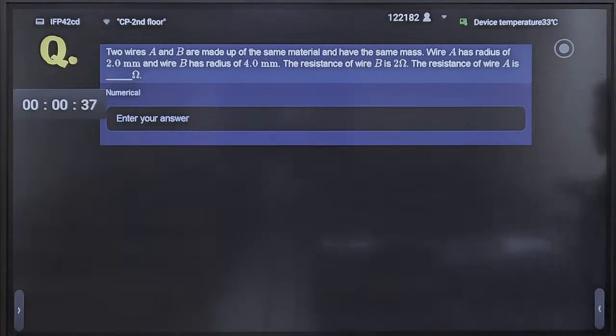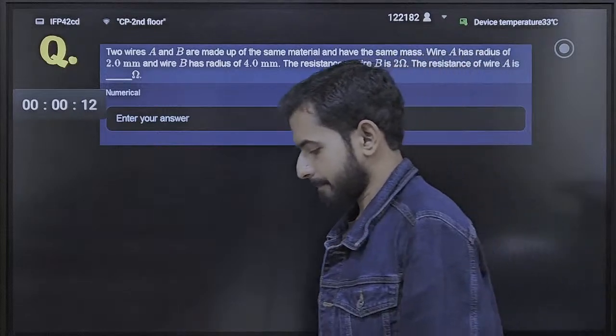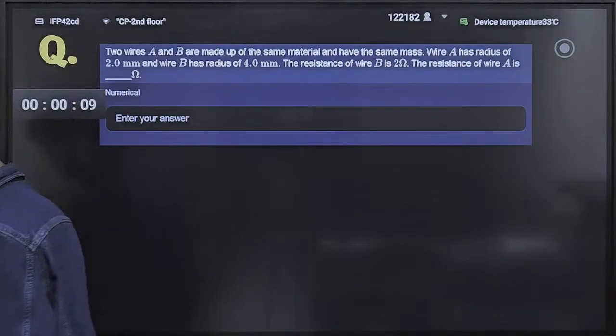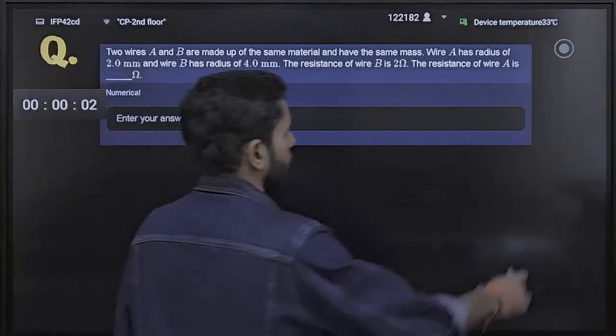Think about this question. Let's see how to solve this question.